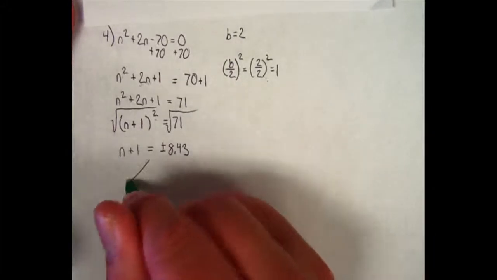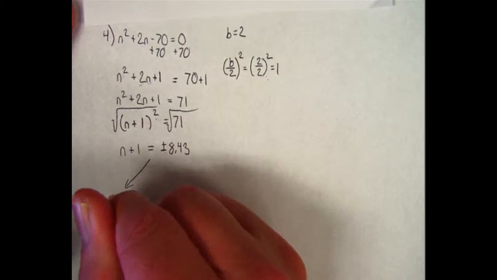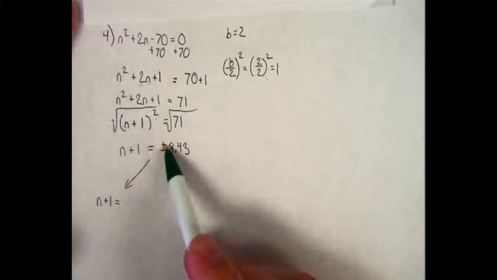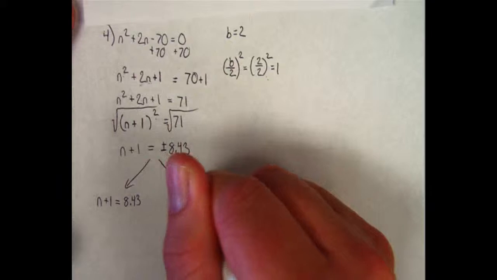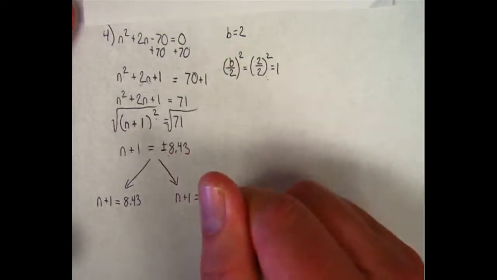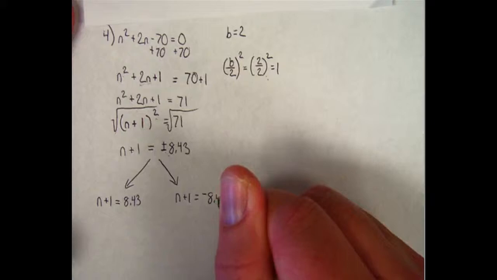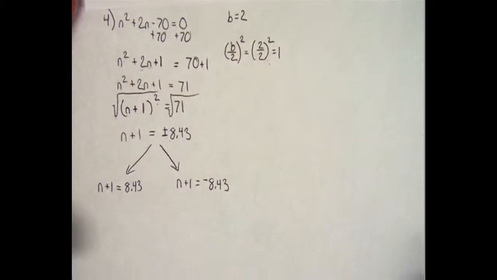In one case, because there are two possibilities here, n plus 1 could equal positive 8.43. It's also possible that n plus 1 equals negative 8.43. And so I've set up two problems that are going to have each one its own solution.